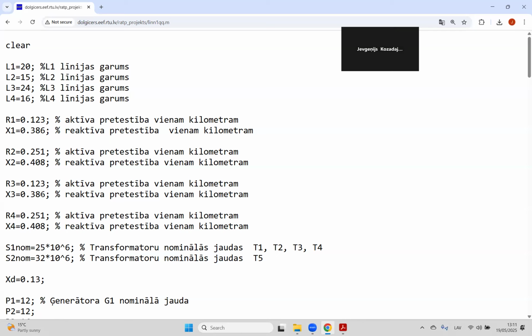Why? Because, for example, in Scilab you need to write a percentage sign if you want to say it is a constant, for example pi, the mathematical constant. MATLAB understands pi automatically as a constant, but Scilab understands all constants only with this sign.